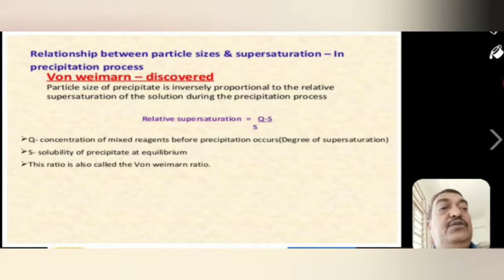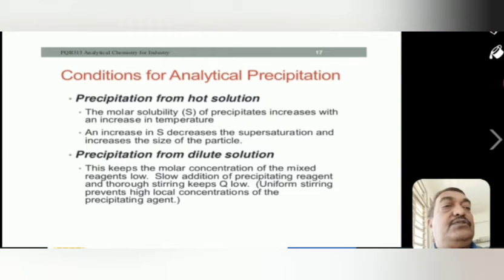So the terms are Q minus S and S. This relative supersaturation is one of the important factors given by Von Weimarn to understand how colloidal particles get converted into crystalline.